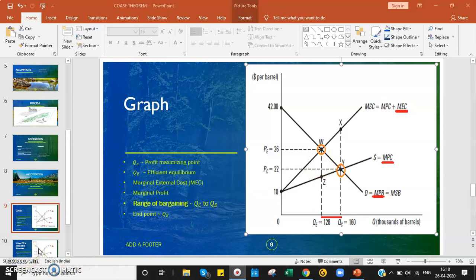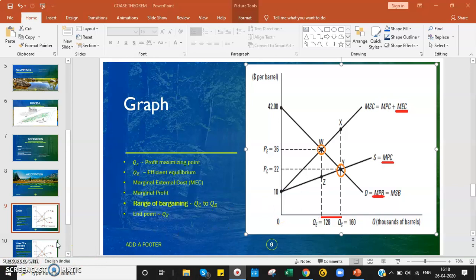So theoretically and practically the negotiation ends at point QE, and that is why we say that this point is an efficient level of output, where the level of pollution emissions into the river is as minimum as possible, making sure that we keep running the wheel of economic activity.